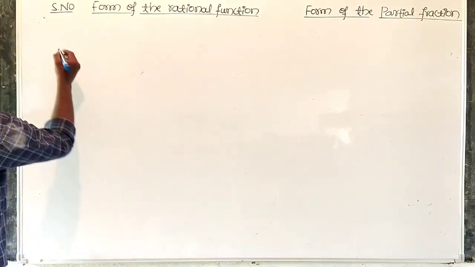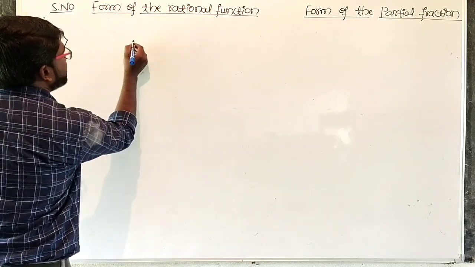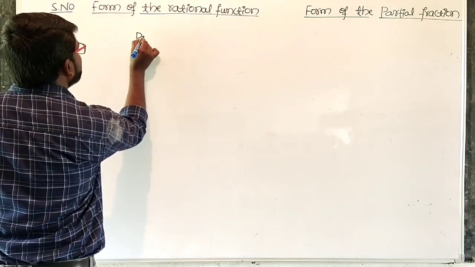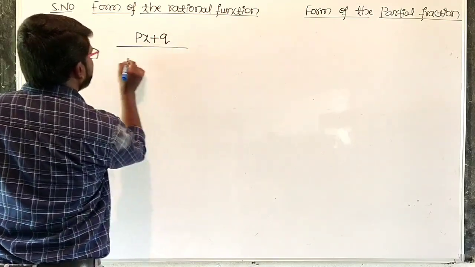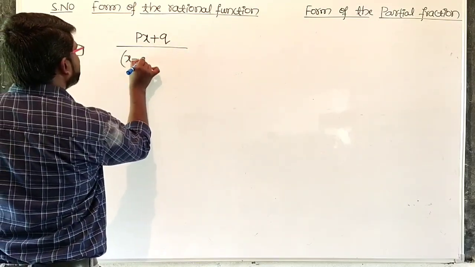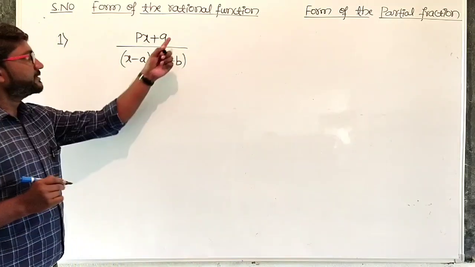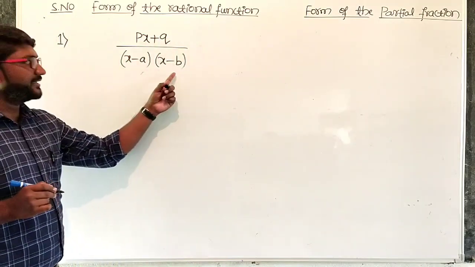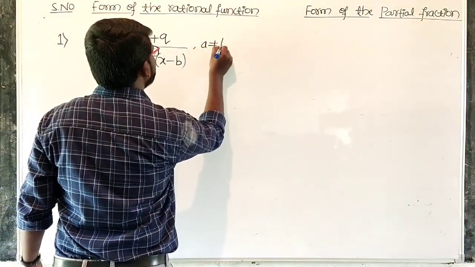Let us write the first one. Px plus q divided by x minus a into x minus b, comma, a not equal to b.